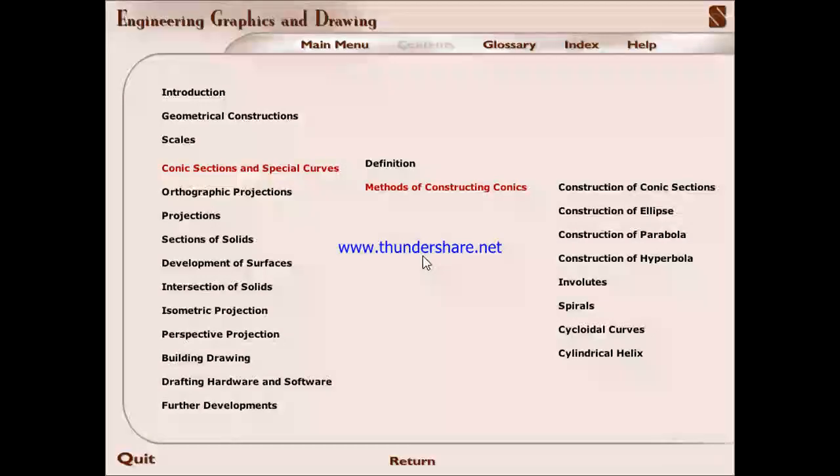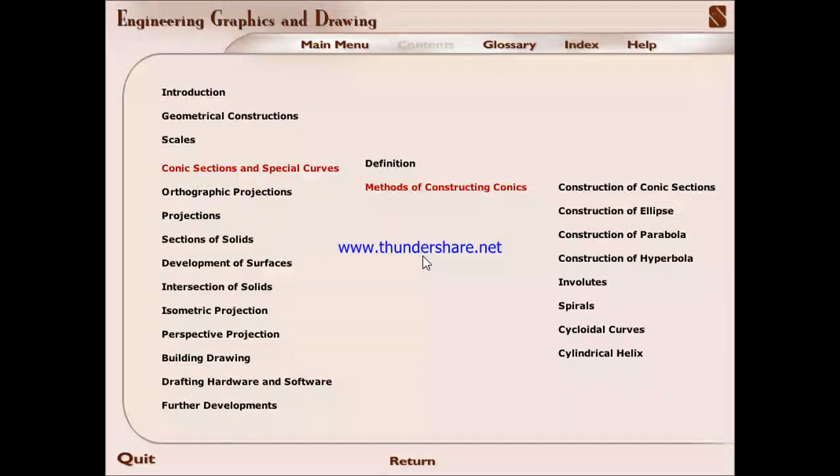In this class, we are going to continue the discussions on conic sections and special curves, in which the methods of construction of conics, that is construction of conic sections, construction of ellipse, construction of parabola, construction of hyperbola, and involutes, spirals, and cylindrical curves.